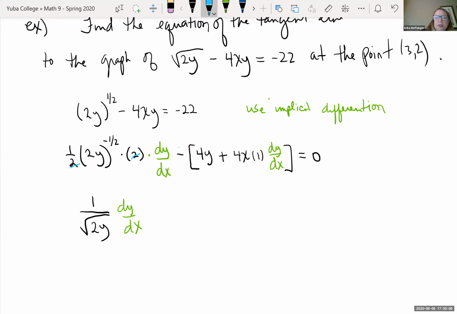So distribute the negative. So this is minus 4y. This is minus 4x dy/dx. Equals 0.